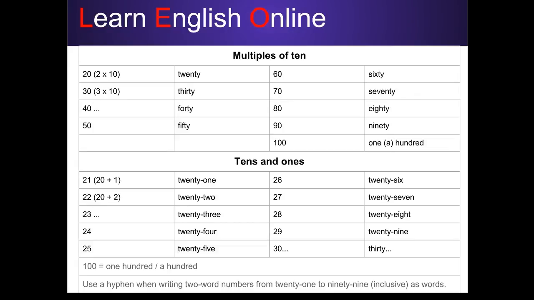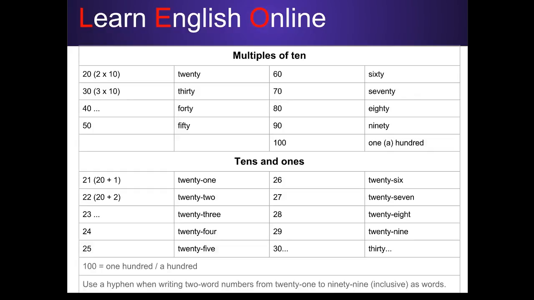It's a slightly different name, 20. Then we have 30, which is 3 times 10, 30. And so on, 40, 50, 60, 70, 80, 90, up to 100. Now you might say 100, but many times you will hear 100.